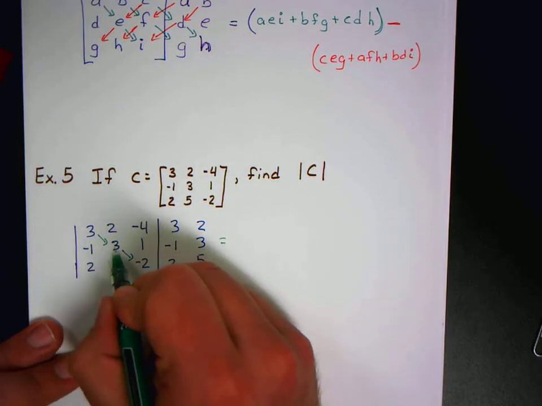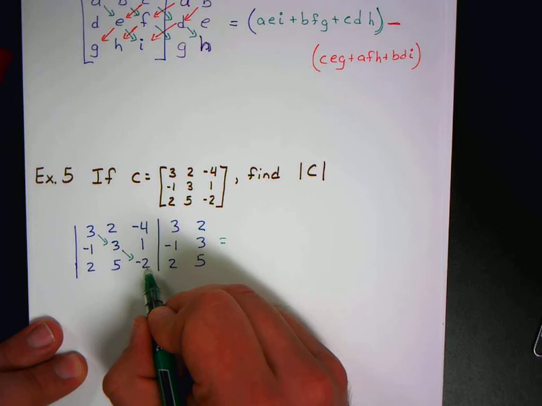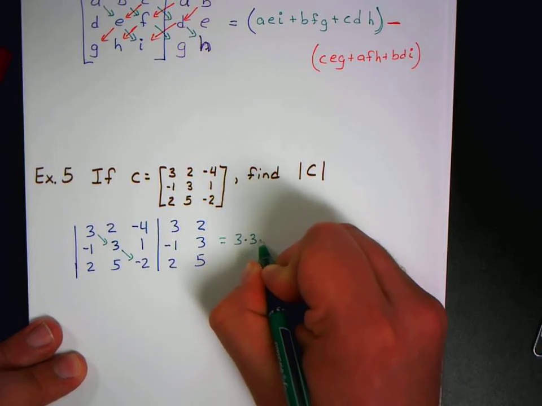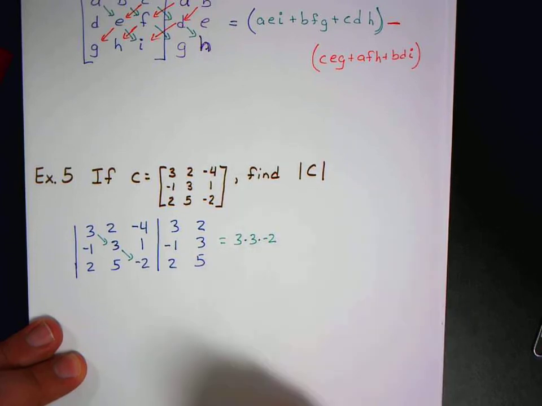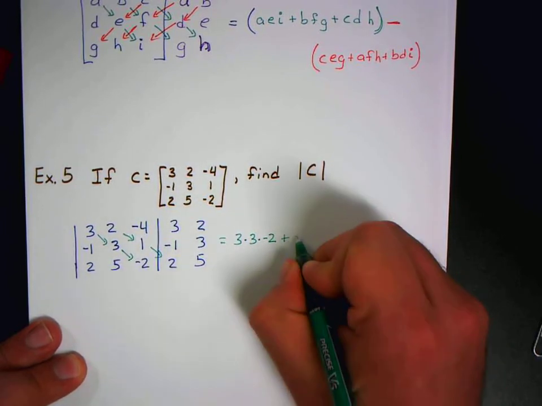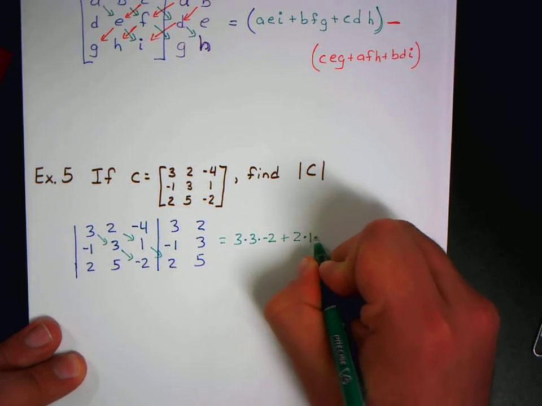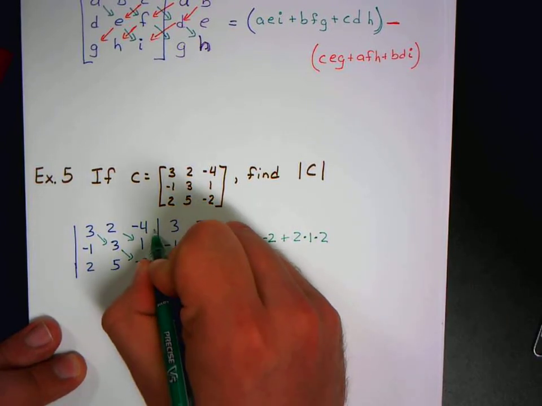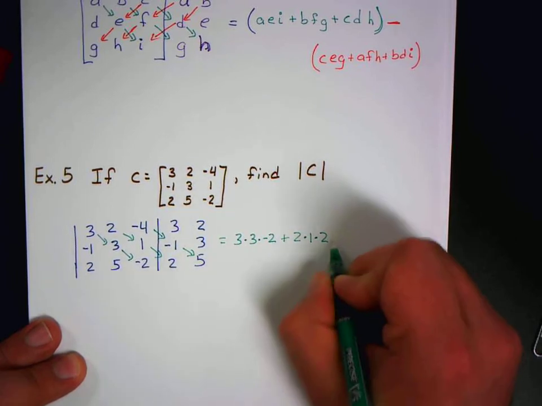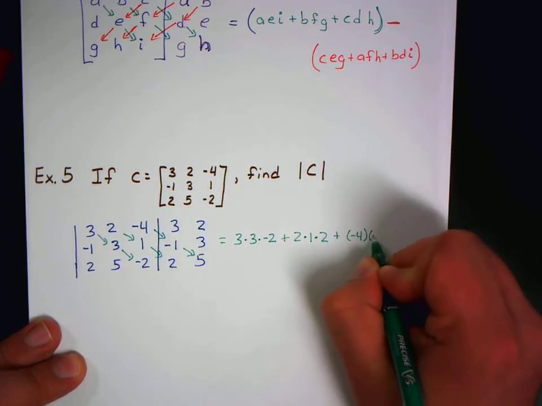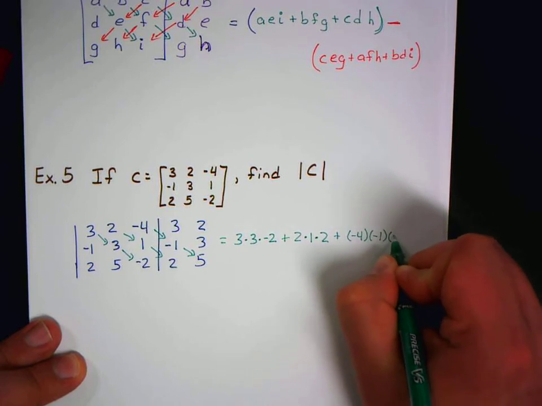So 3 times 3 times negative 2. Let me go ahead and write it out. Plus 2 times 1 times negative 2, or sorry, that's still positive 2. I think I said negative 2. Plus negative 4 times negative 1 times 5.